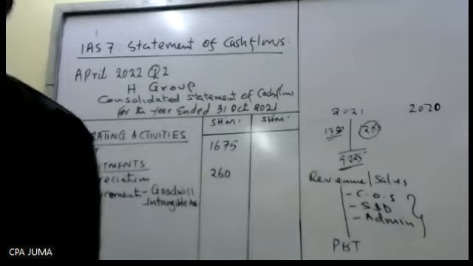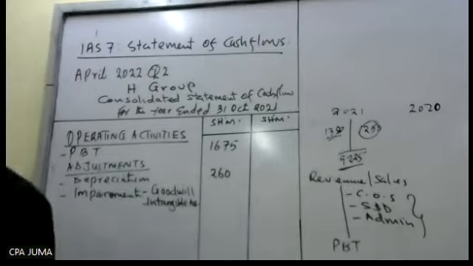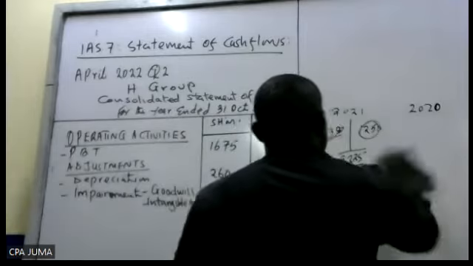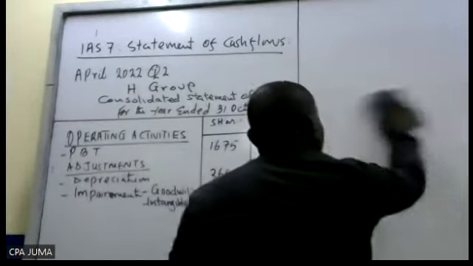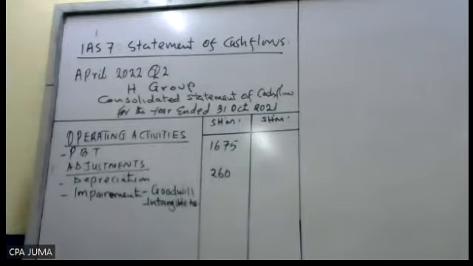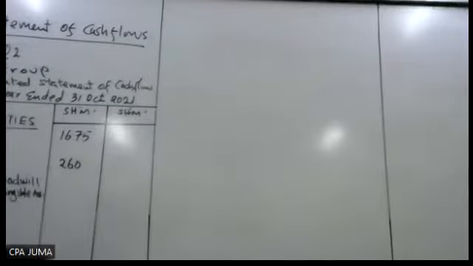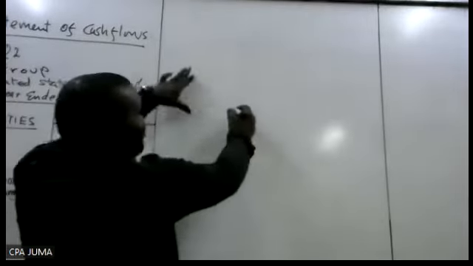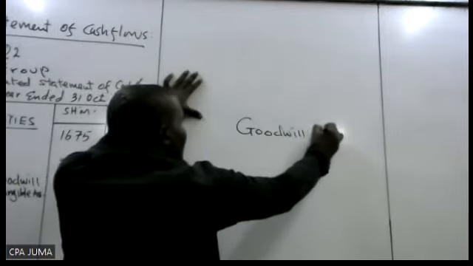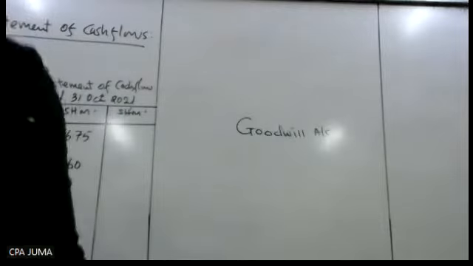So they have not given us the figures directly, but I can show you how you will be getting it. This is how you will be getting those impairments. So I have an outside working. To get impairment, reconcile goodwill account.